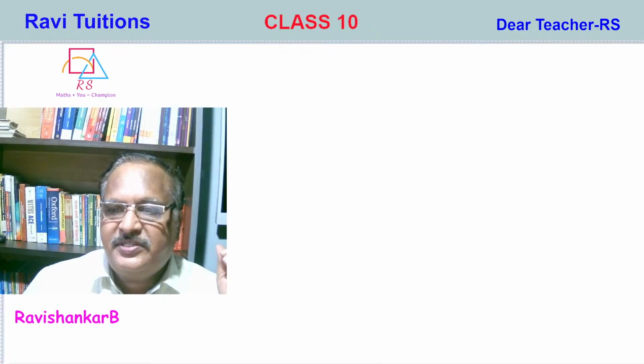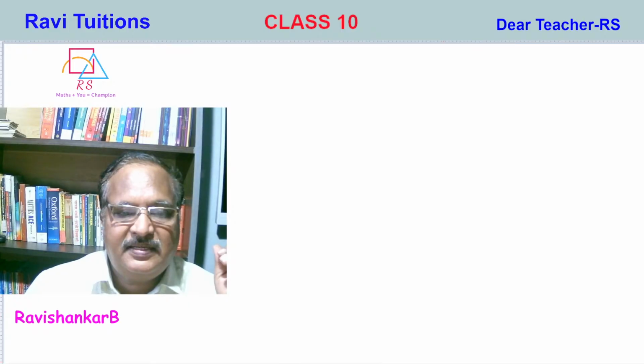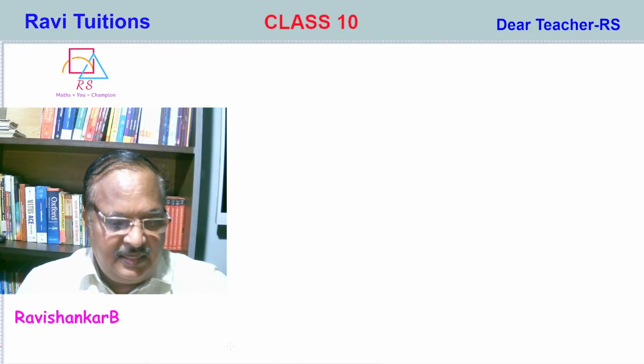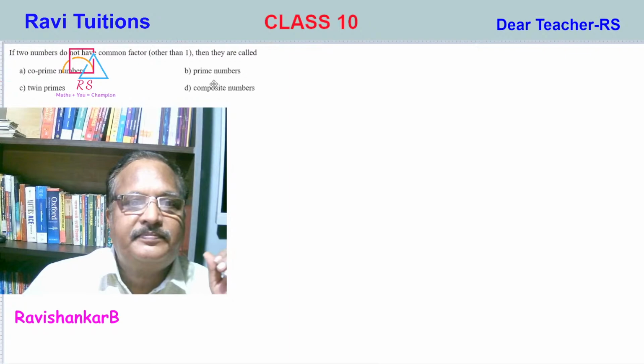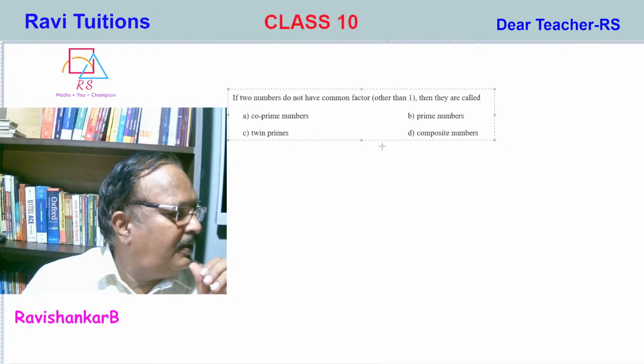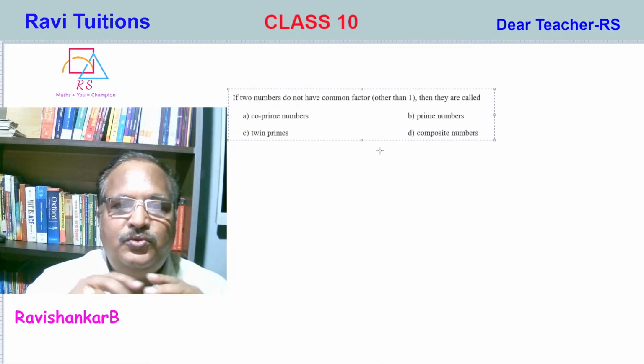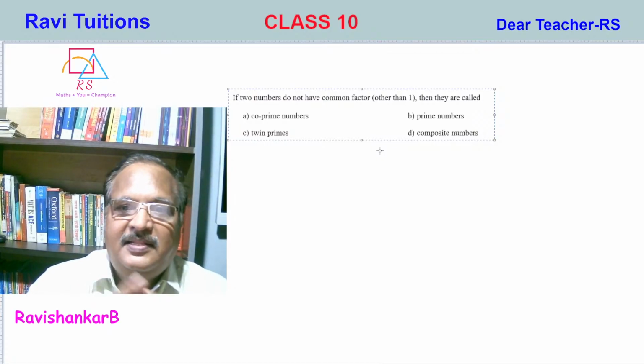MCQ questions. Now, first question goes like this. If two numbers do not have a common factor other than 1, they are called.